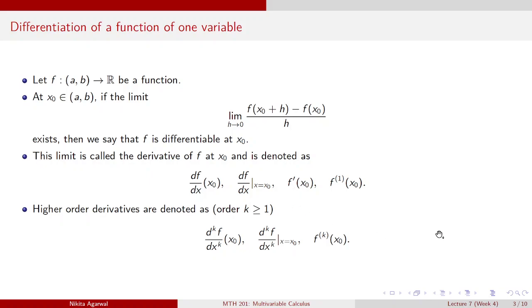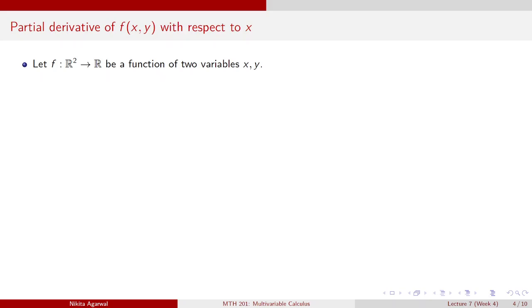Now let us generalize this idea to higher dimensions, but there is a problem there. It doesn't work directly. So we first define what are called partial derivatives of a function of two variables. Let us first define it with respect to x. You can calculate partial derivatives of a function with respect to any of its variables.